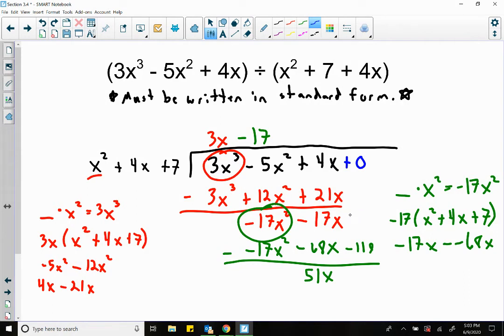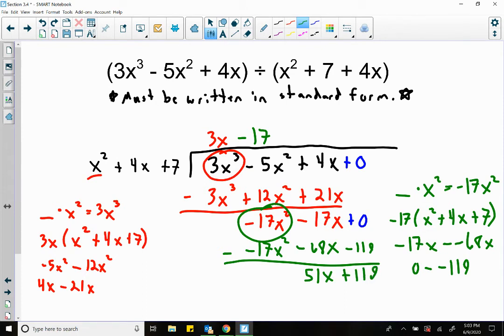And down here, that placeholder is actually really there. So even though it looked like there wasn't anything to subtract, there really was a number there. It was 0. So we're going to take 0 minus negative 119, which just becomes a positive 119.